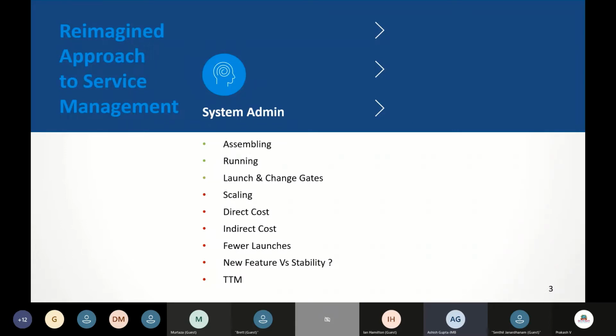The bigger concern at that point was that developers were keen on developing and bringing new features, but the people on the run team always feared this development change, because changes always came with the cost of more issues and more time, and hence there was always a deadlock. So the run team suggested having launch and change gates.